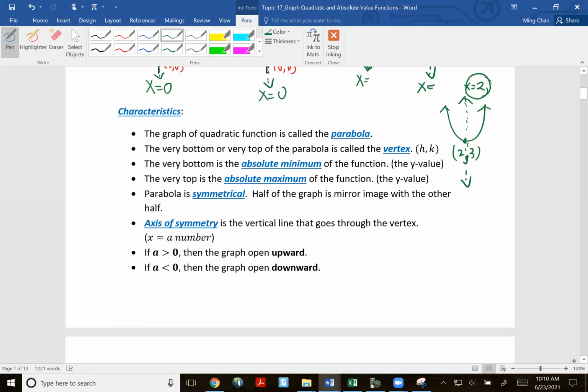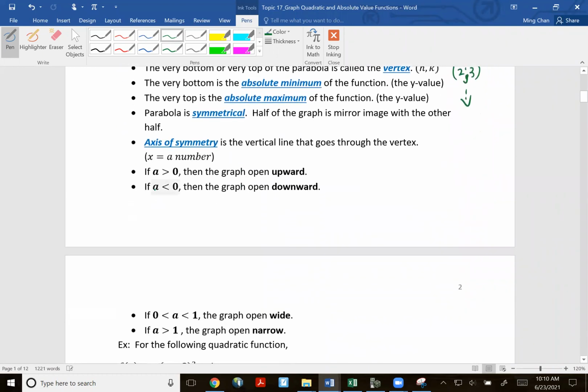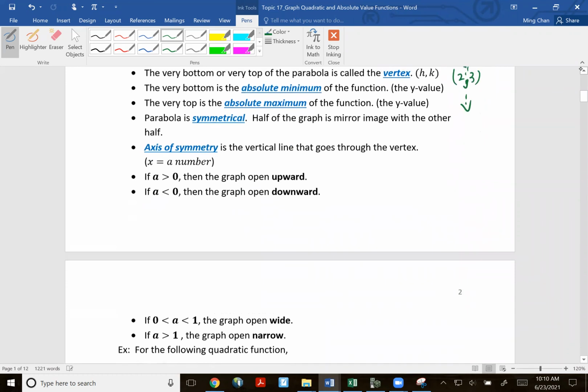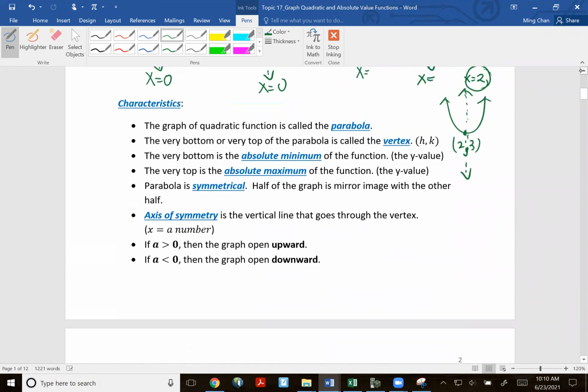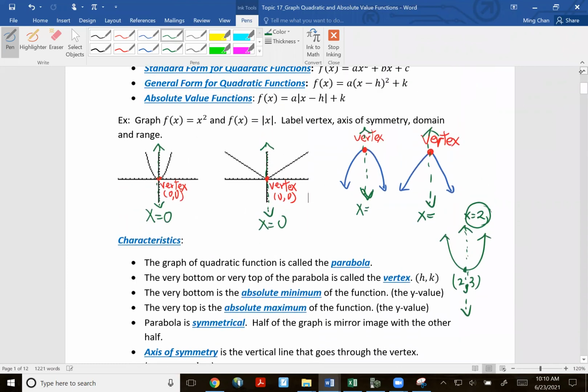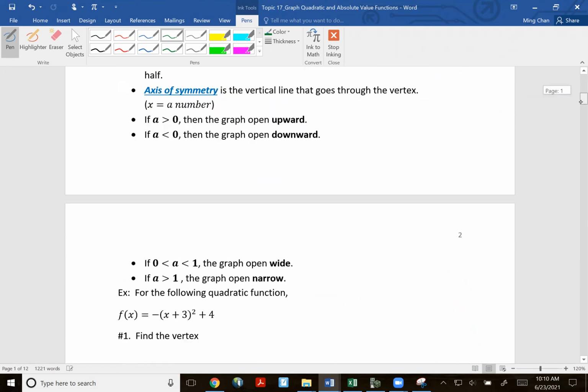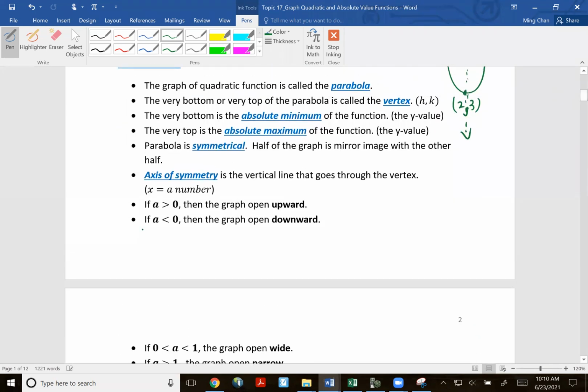Here is just a couple of reminders on the transformation. The number a is in front of the entire function. If I go back up to the form, the number a in front of the function tells me that if a is bigger than zero, meaning positive, it opens up. If it's negative, it opens down.